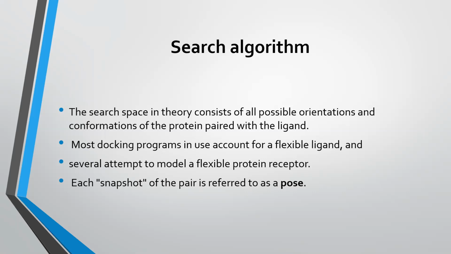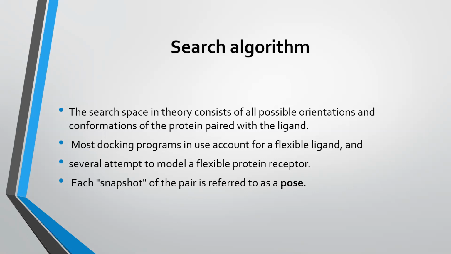Any docking algorithm, whatever is in use, tries to utilize the flexible nature of the ligand, and also attempts to model the flexible nature of the protein receptor. Each snapshot of the pair, here the pair meaning the complex of protein and ligand, is known as a pose.